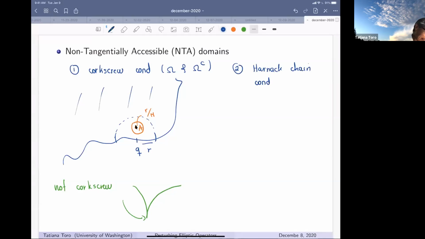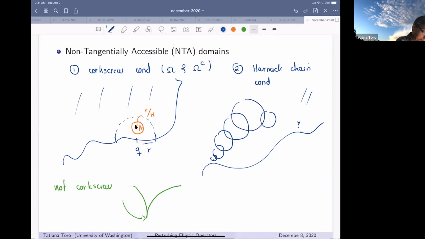So what does that mean? It means that every time you take two points inside your domain omega, you can join them by a chain of balls that look this way. What are the properties of these balls?